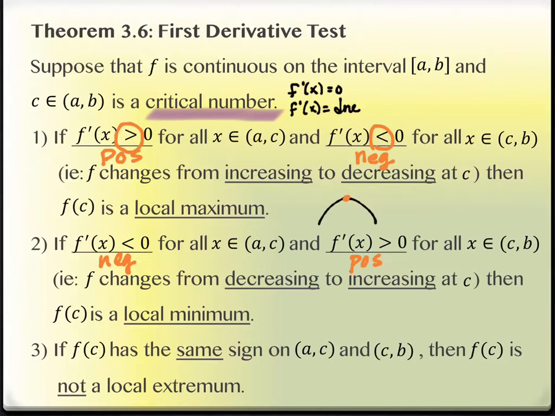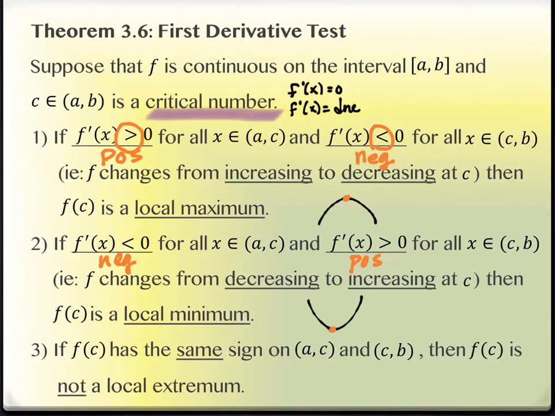A positive derivative means an increasing graph. So it goes from decreasing to increasing. And visually speaking, if you see a decreasing to an increasing graph, it means you have a minimum. So increasing to decreasing, decreasing to increasing, positive derivative to negative derivative, negative derivative to positive derivative.